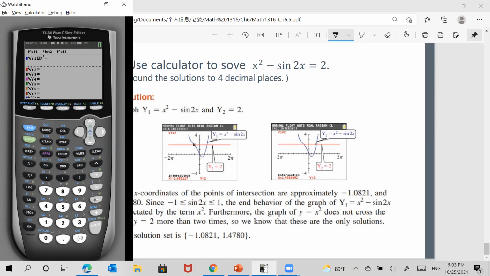So minus sine 2x, close the parentheses. And then next function is y equals 2. And then we can graph. Here is graph, hit graph. Oh, it's graphing.